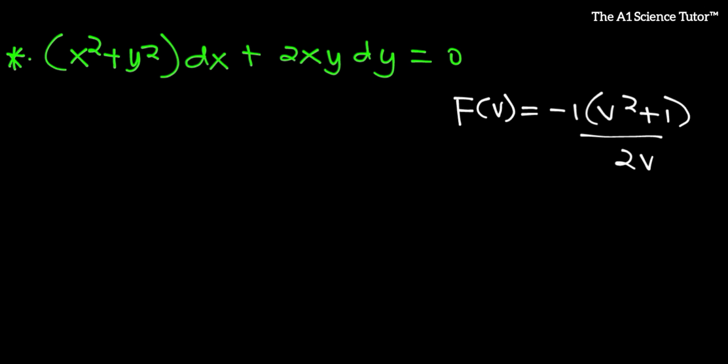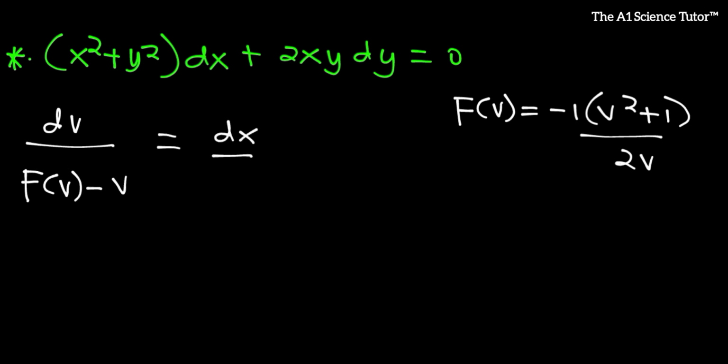Now, what is the formula for solving these homogeneous equations? So we know that that should be dv divided by f of v minus v, right? That is equal to dx divided by x. So we know that f of v, this is what it is. And that should be minus v, typically. This is the formula. So let us do that.